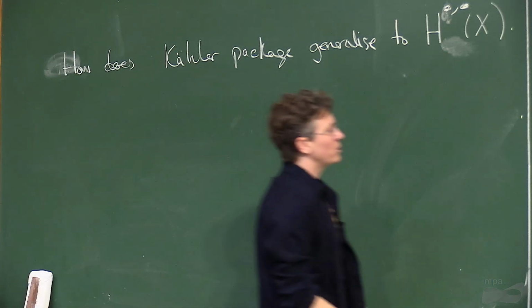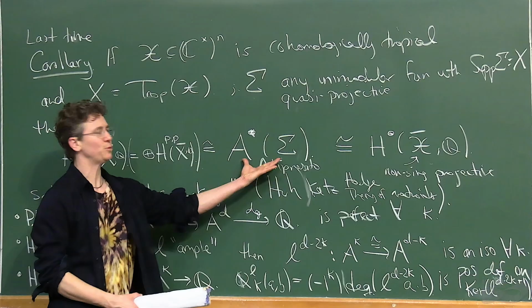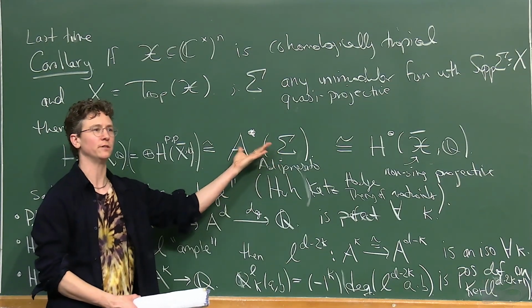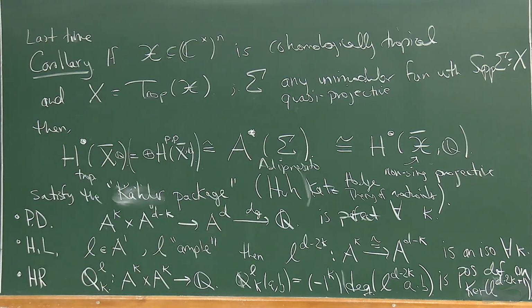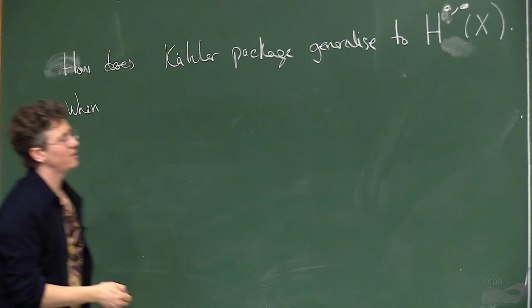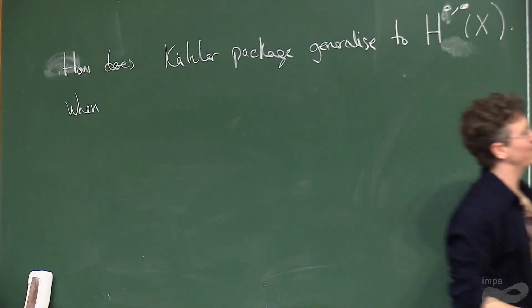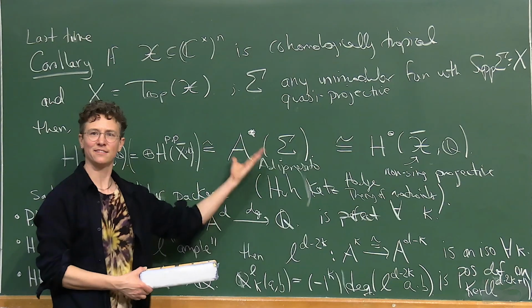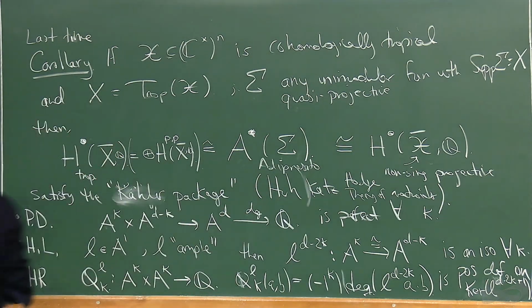And well, in the fan case, we know that the sum of the HPP is this AQ. So the fan case is no longer very interesting to us. It falls in line with whenever this corresponding ring has the Hodge or the Kähler package.